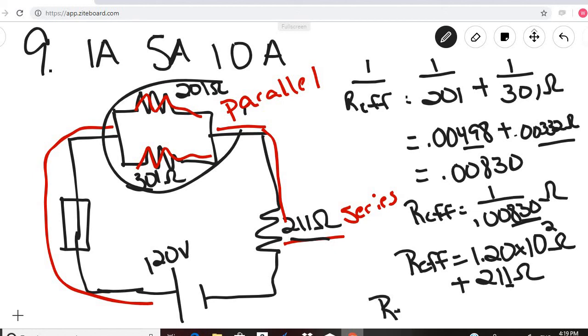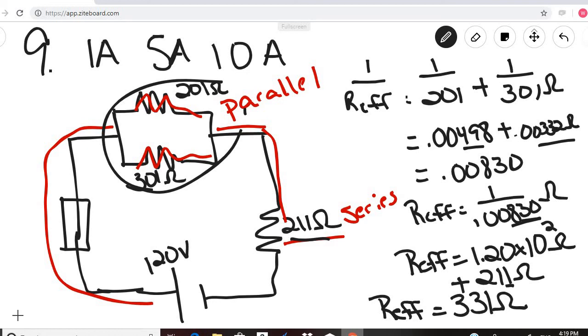So that's what our resistance will be. So 120 plus 211 will give us 331 ohms.